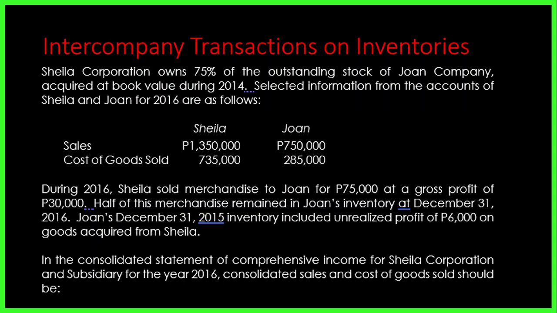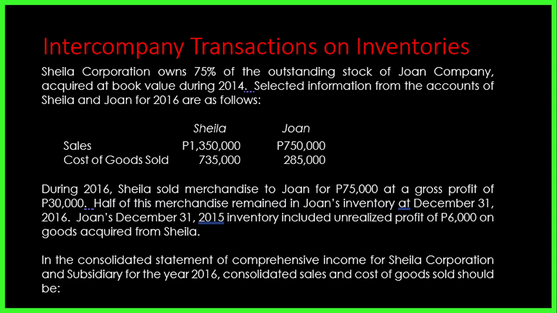So you have your intercompany sales that will be eliminated against our cost of goods sold. And then number two, your cost of goods sold will be adjusted so that it will reflect its effects in your consolidated net income, which means realized gross profit will be deducted and unrealized gross profit will be added.